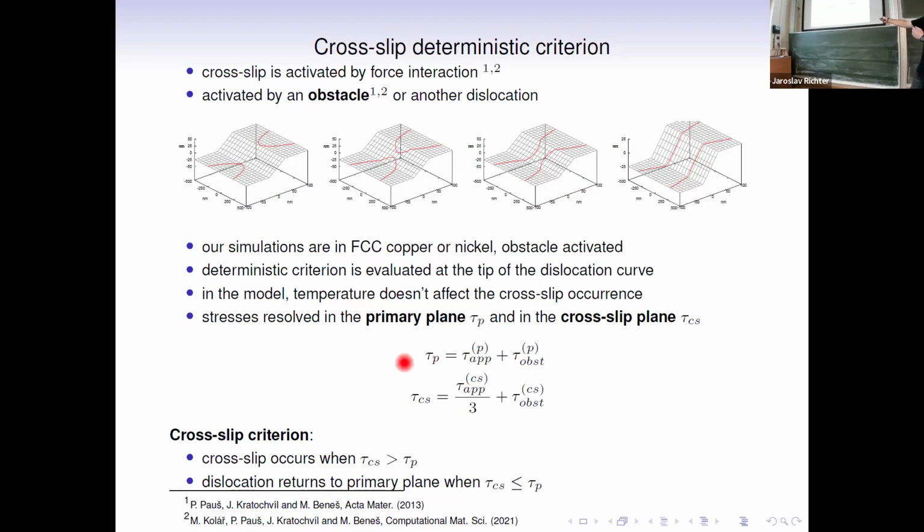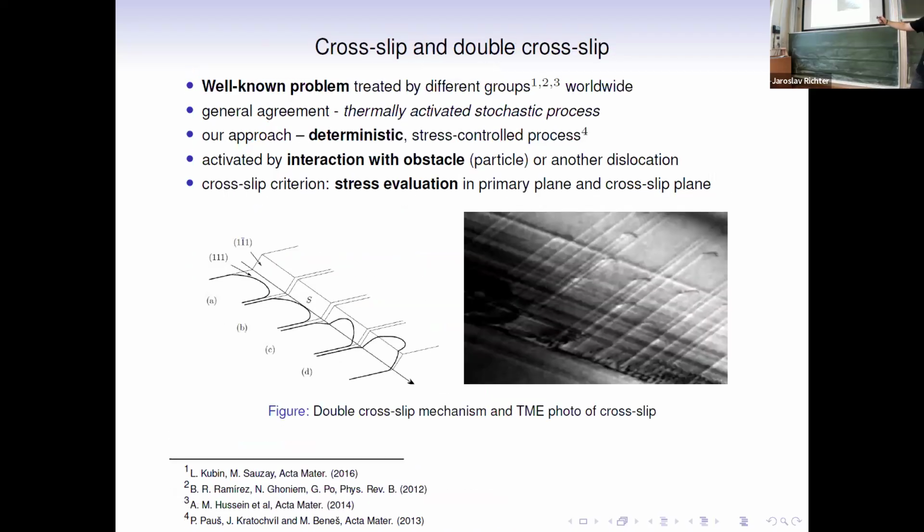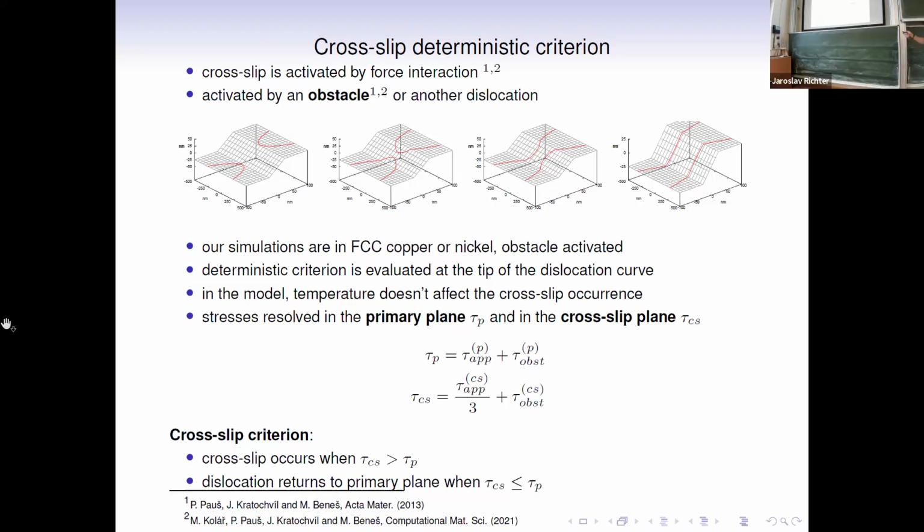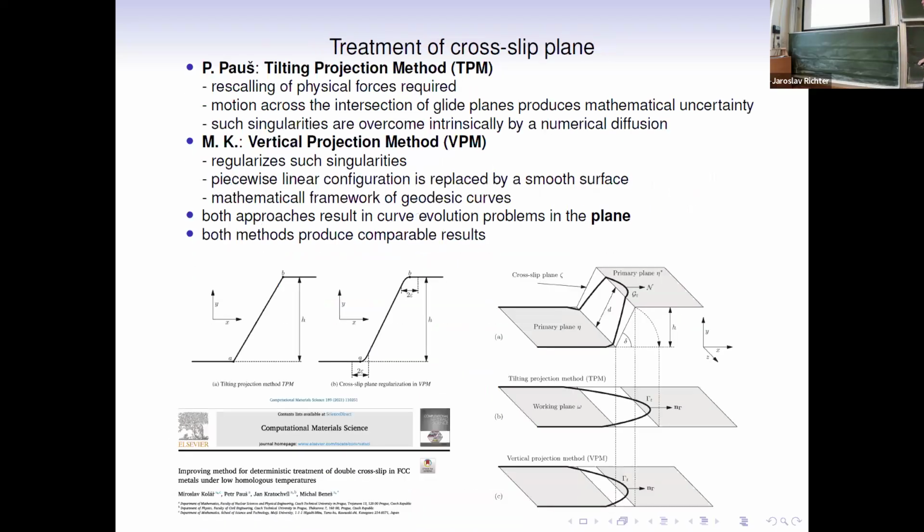And this basically says they evaluate the applied stress and the stress exerted on the dislocation by the obstacle, and they evaluate it both in the primary plane and in the cross-slip plane. And if the projection to the cross-slip plane is bigger than the projection to the primary plane, then the cross-slip occurs. If not, the dislocation continues happily in its own forward slip plane, under the assumption of quite a low working temperature. So this is a difference from the other.